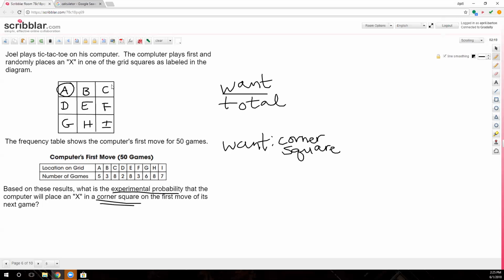So here are our corner squares. So now this is where the table comes into play. We need to use the numbers for each of those letters and find all the ways it could happen. So with A, C, G, and I, how many total times did the computer pick A, C, G, or I?